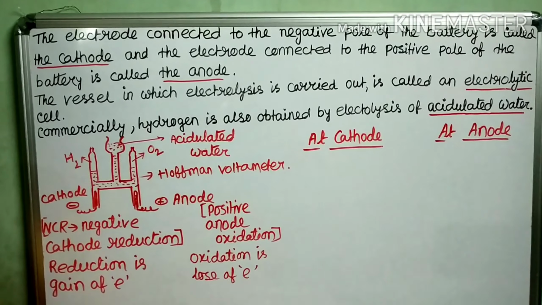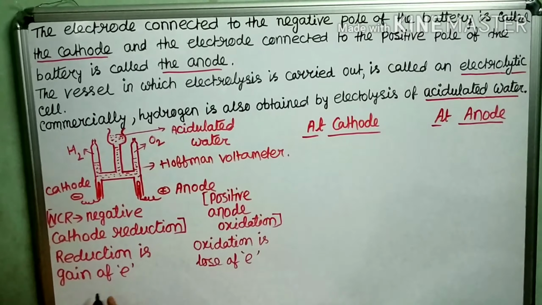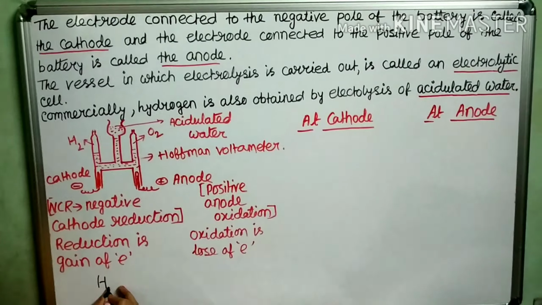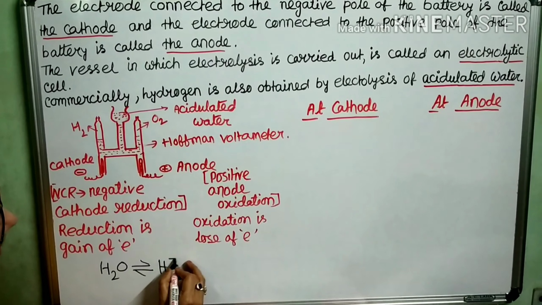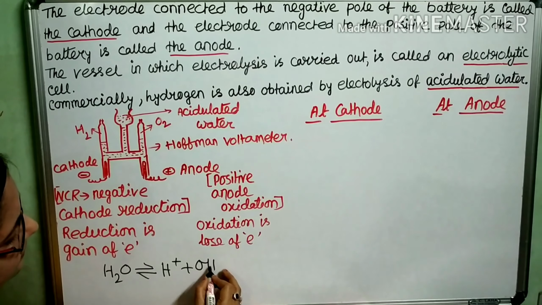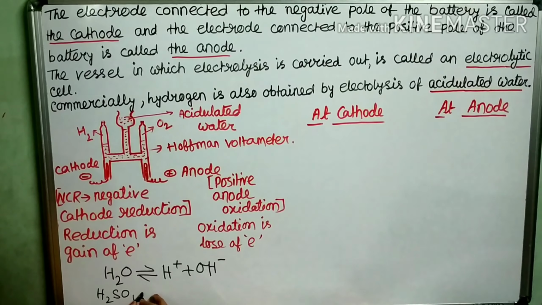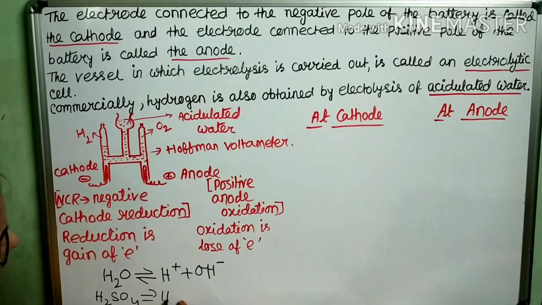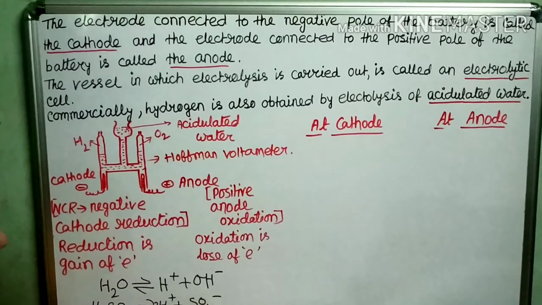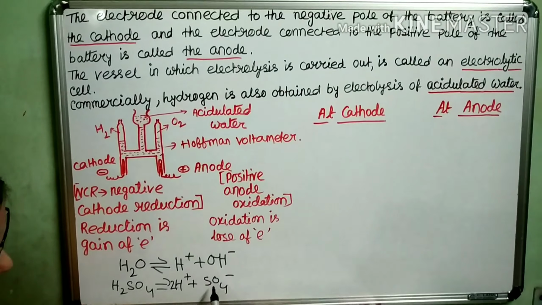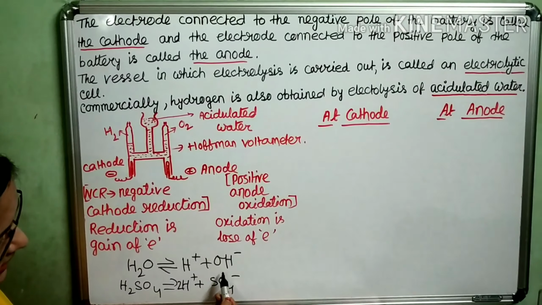When electric current is passed through acidified water, H2O decomposes to H plus and OH minus ions, and H2SO4 also decomposes to H plus and SO4 minus ions. In terms of electronegativity, OH is placed below SO4, so it discharges first.